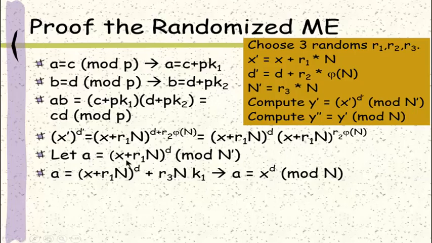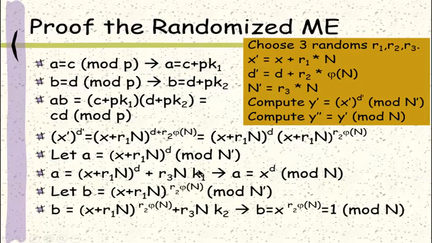So if a equals x plus r1 times n to the power d mod n prime, we can write a equal to this plus n prime, which is r3 times n, times the integer k1. And if we mod n this quantity, we see this term disappears after mod n. And for this binomial exponential, following the binomial formula, for this term, when we do mod n, the only thing remaining will be x to the power d.